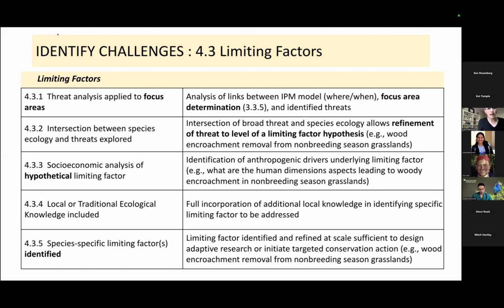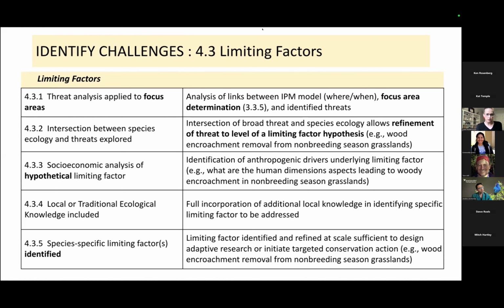It would depend on which landscapes you're talking about what those are. But again, the focus now is really tying those human dimensions components of the specific threat to the specific species. And so we're refining closer and closer, more and more narrowly, to identify as specifically as we can impactful limiting factors for the species.